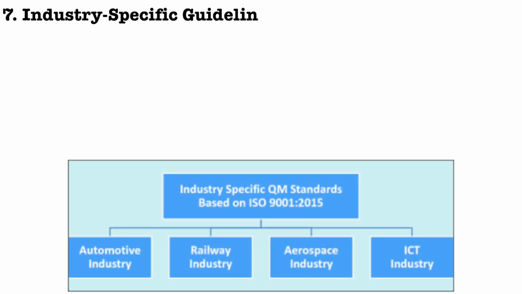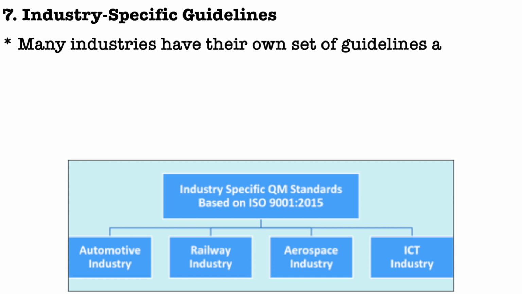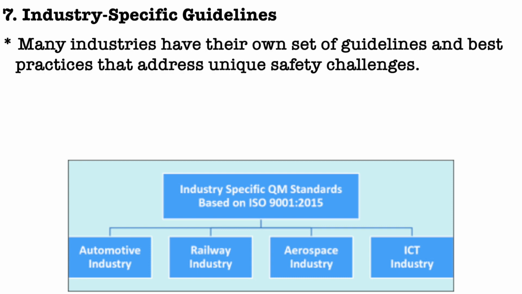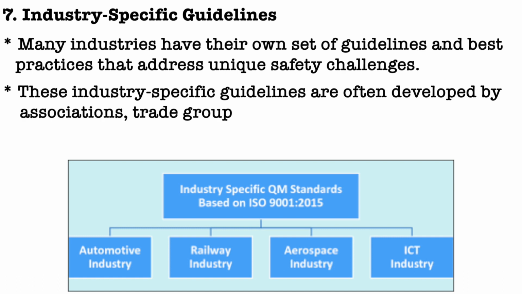Industry specific guidelines. In addition to the general regulatory requirements, many industries have their own set of guidelines and best practices that address unique safety challenges. These industry specific guidelines are often developed by associations, trade groups, or experts within the field.